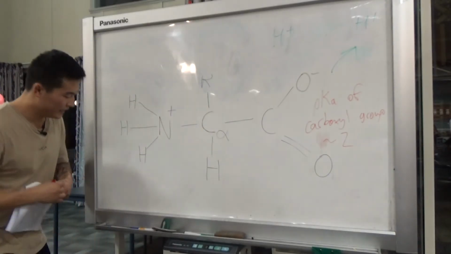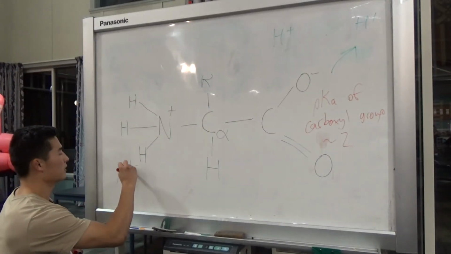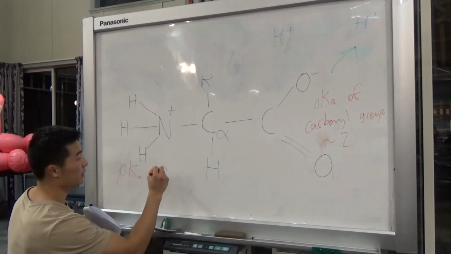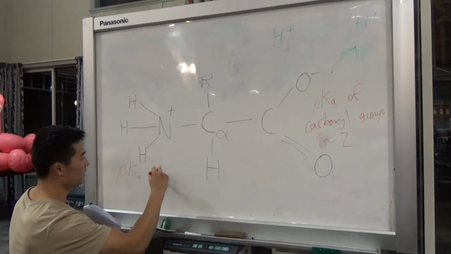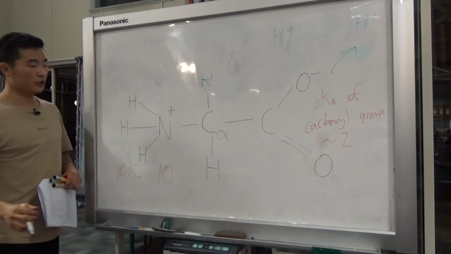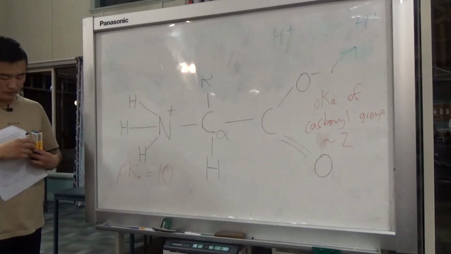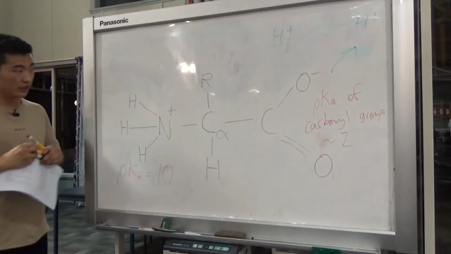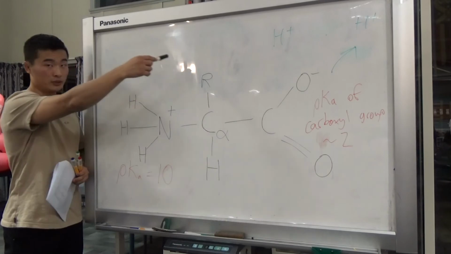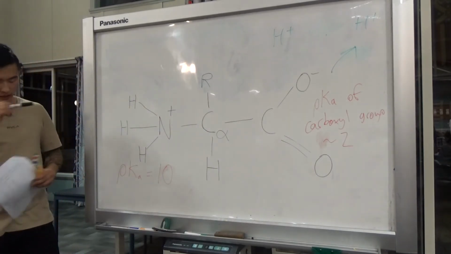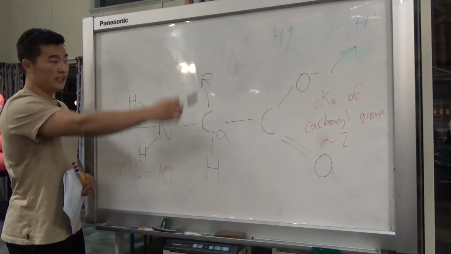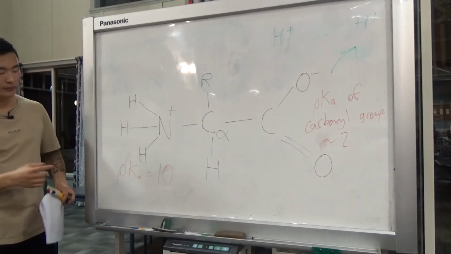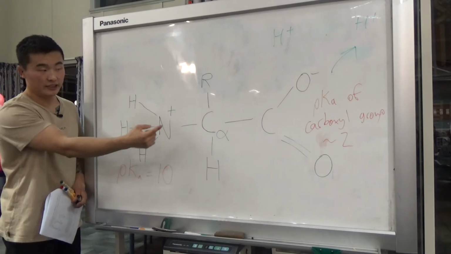Okay? So I said that the pKa of this amino group is about 10 for the amino group. So for your standard amino acid, which doesn't have an ionizable group in the side chain, the pI of the amino acid overall is going to be halfway between 10 and 2.